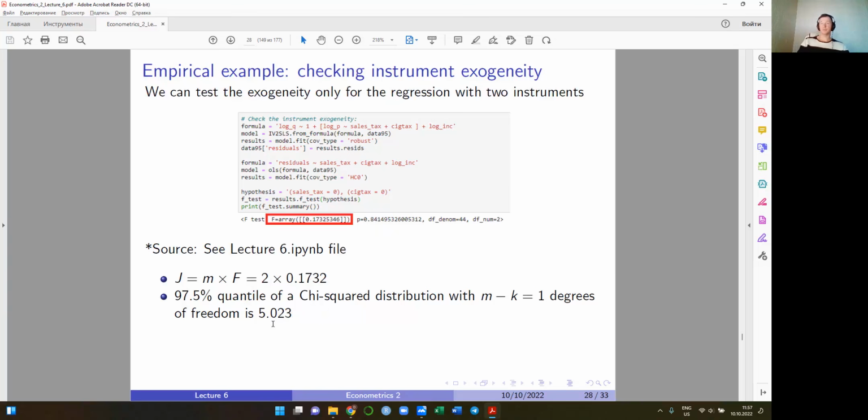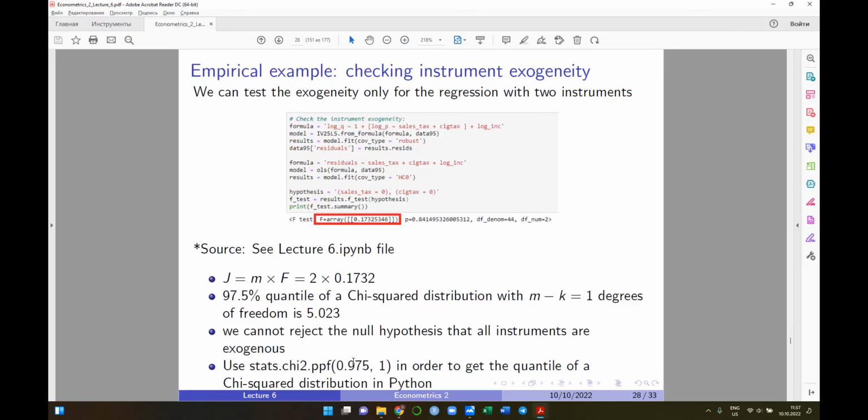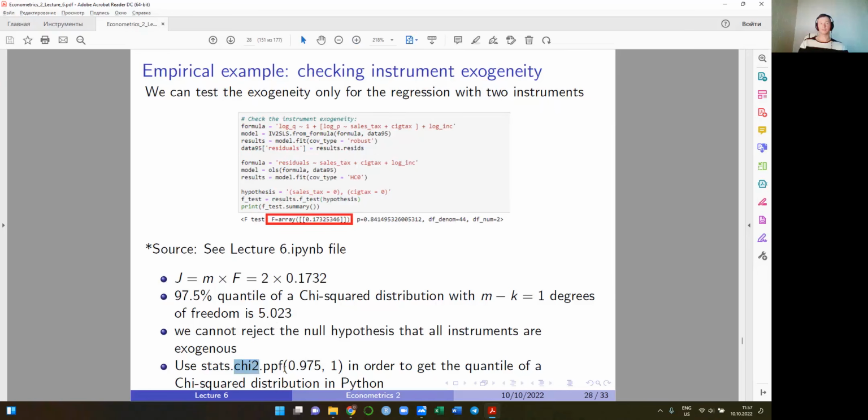This is 5. The test statistic is less than the critical value. We cannot reject the null hypothesis that all instruments are exogenous, which means that we believe that instruments are valid. They are relevant, first test, and they are exogenous, second test. And just a reminder, how do we calculate this chi-squared?